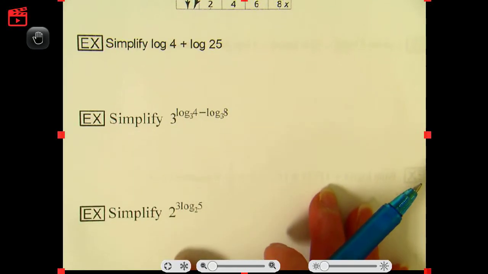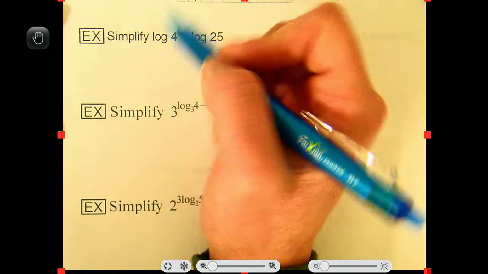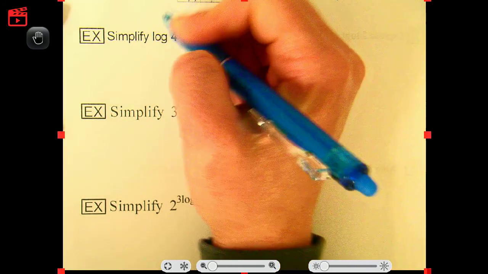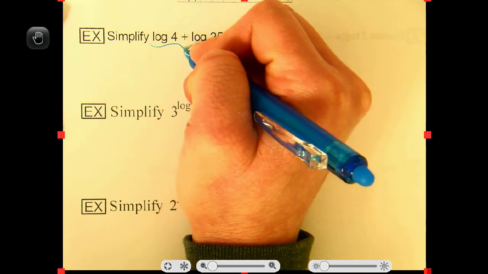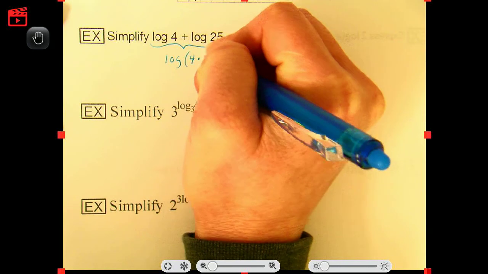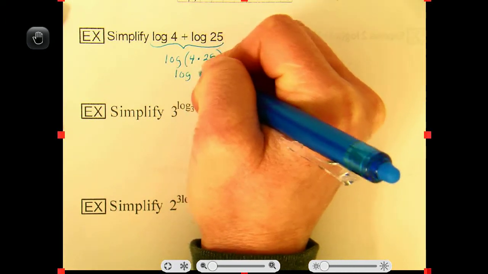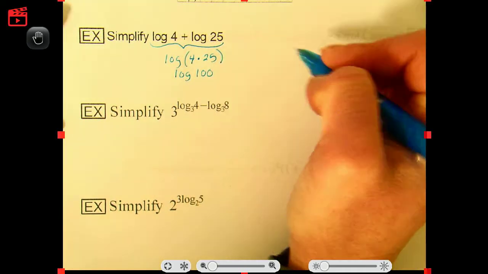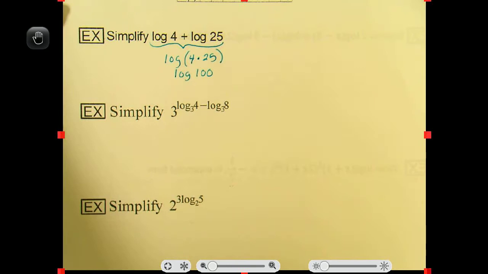Just some more practice on simplifying, it looks like. For this one, there's nothing in front, so I can't do anything with powers, but I do see addition, which I know I can change to multiplication. So I would have log of 4 times 25, which would give me a log of 100. Now, it does say simplify, so I'm going to simplify it as much as I can.